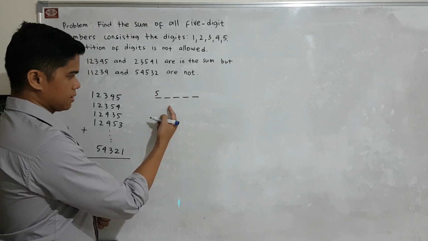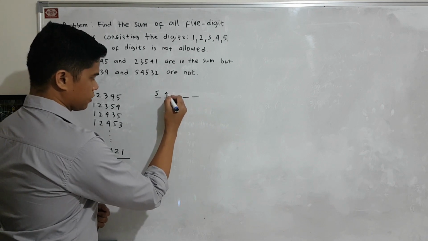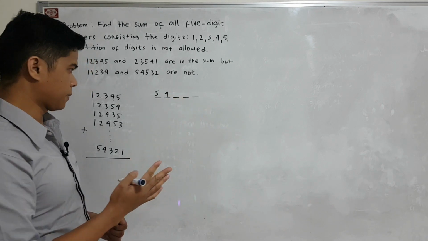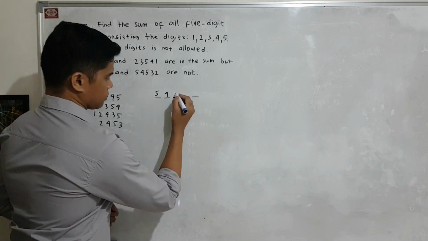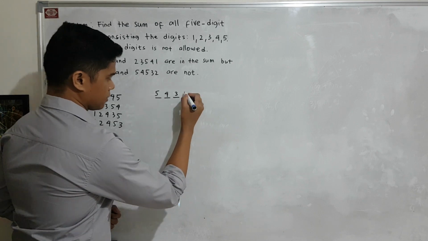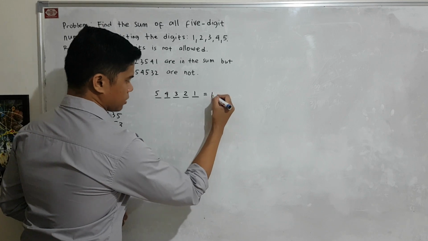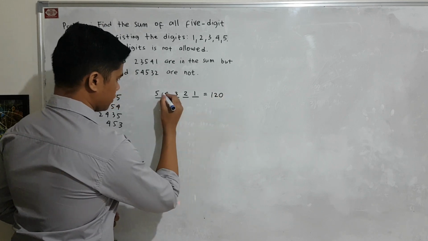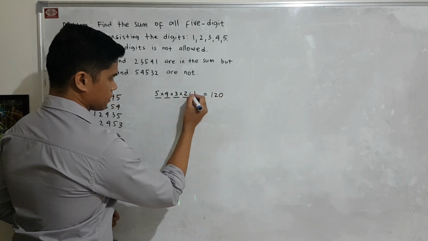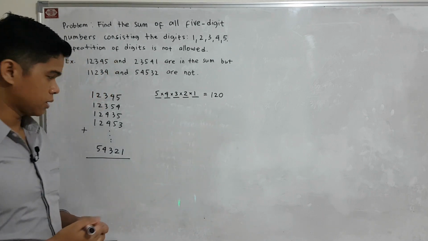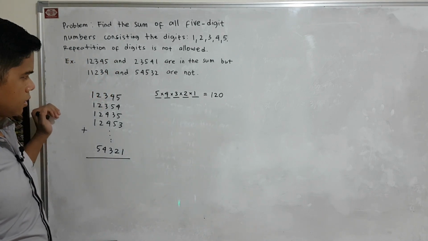In the second place, we have 4 options left because repetition is not allowed. Next would be 3 options left, then 2 and 1. So there are a total of 120, found by multiplying these numbers. So there are 120 numbers in the sum.